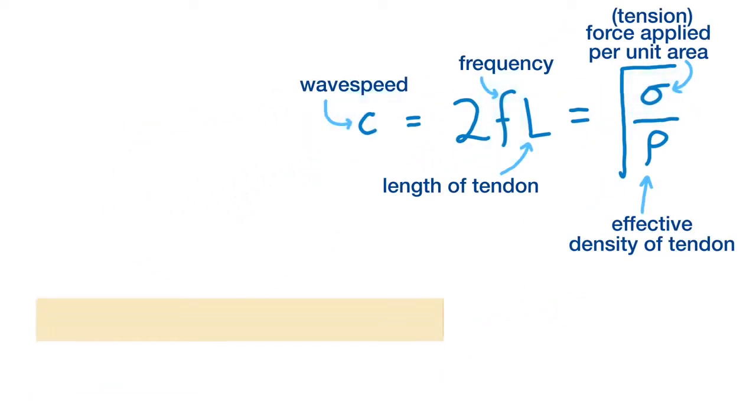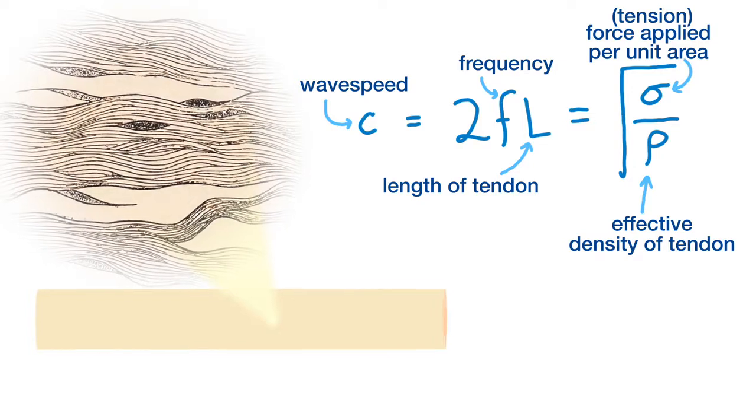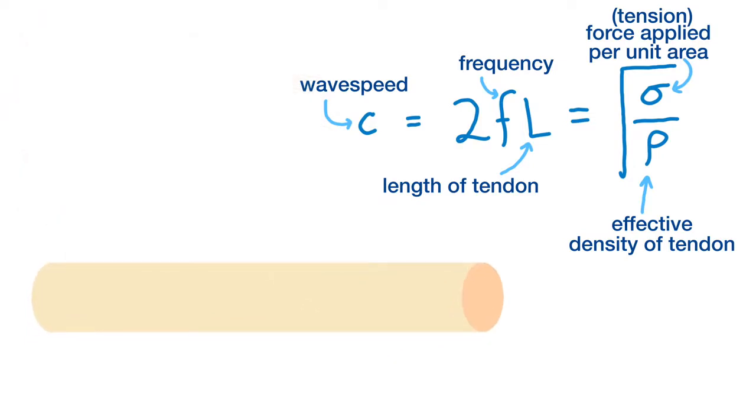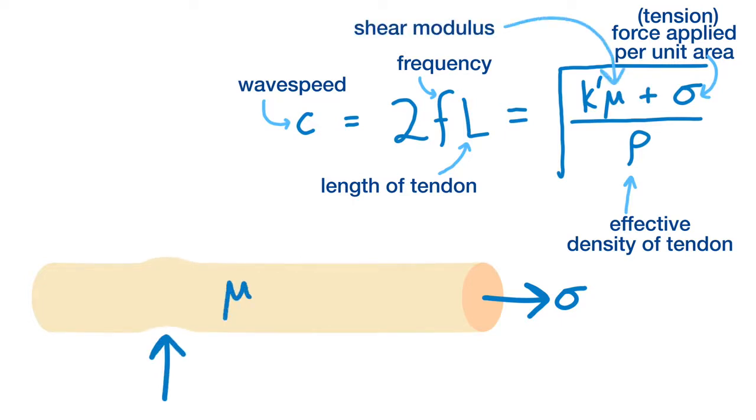Our tendons are much thicker and created from a much more complex material than a piano string, so things get a little more complicated. When calculating the propagation speed of a shear wave, we have to think both about the tensile stress acting on a cross-section, and we also need to consider how tendon tissue responds to shear stresses acting within it. Because of this, the assumption that tendon will behave like a string is generally not a good one.